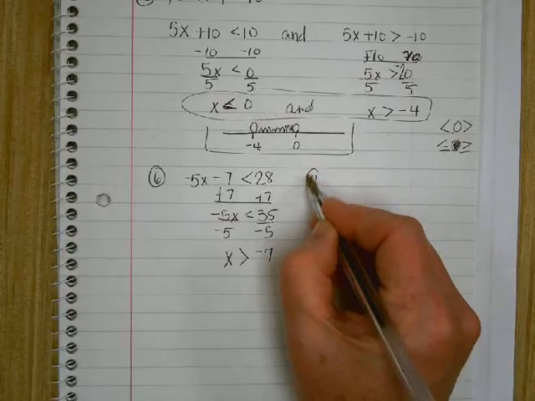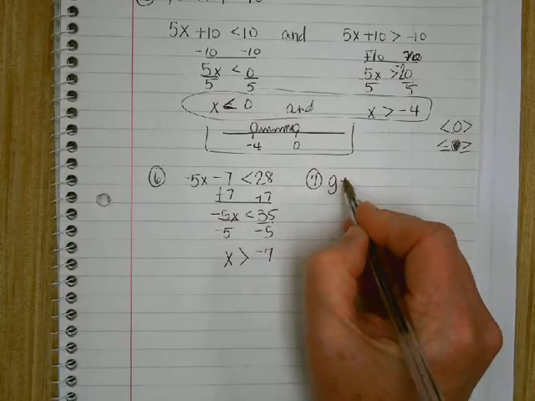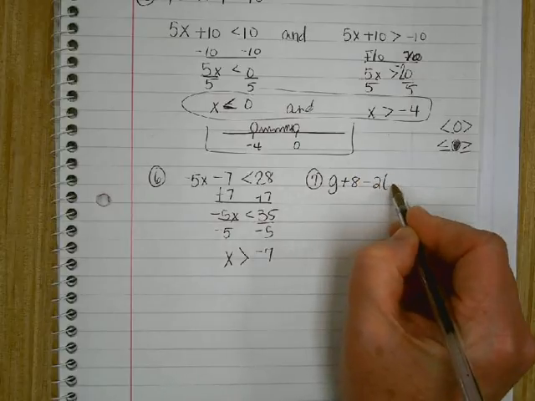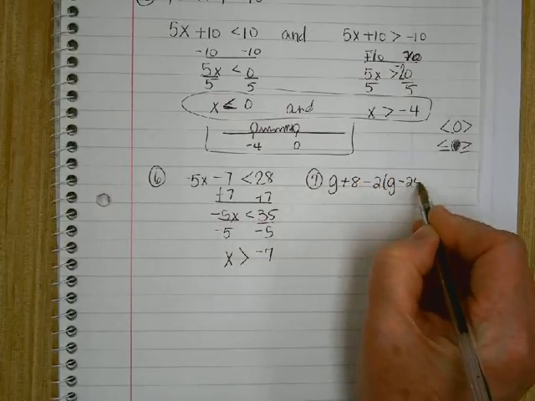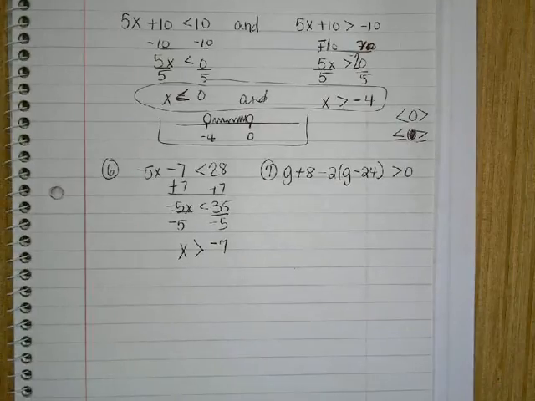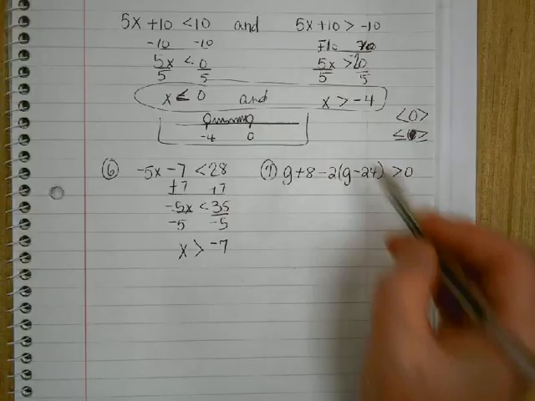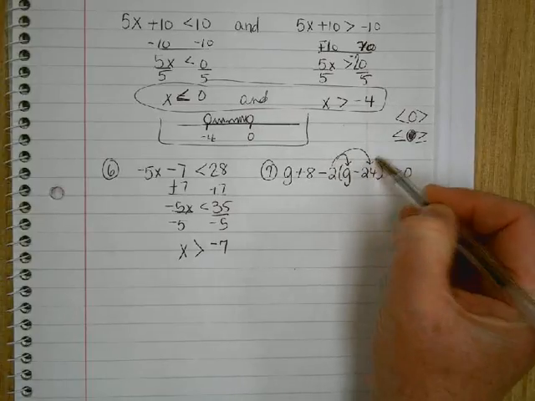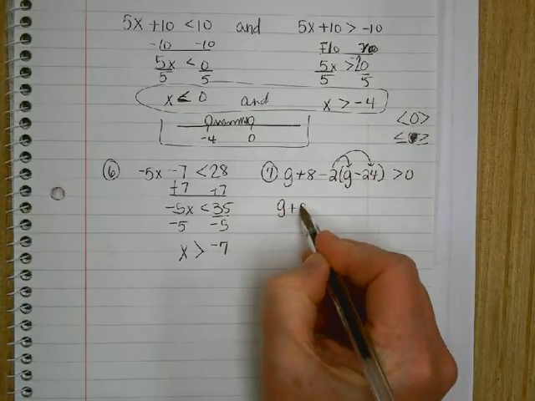Number 7, g plus 8 minus 2 times g minus 24 is greater than 0. What do you have to do first on this problem? Okay, so we distribute. We get g plus 8.